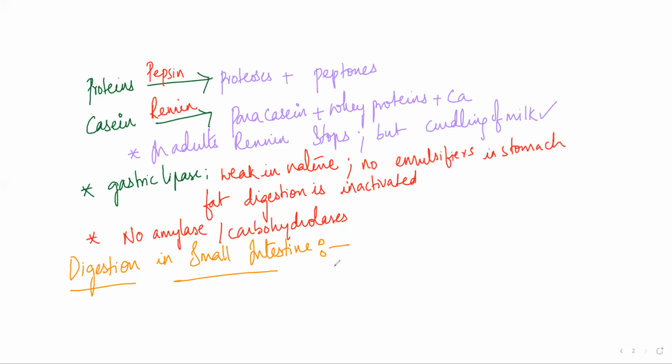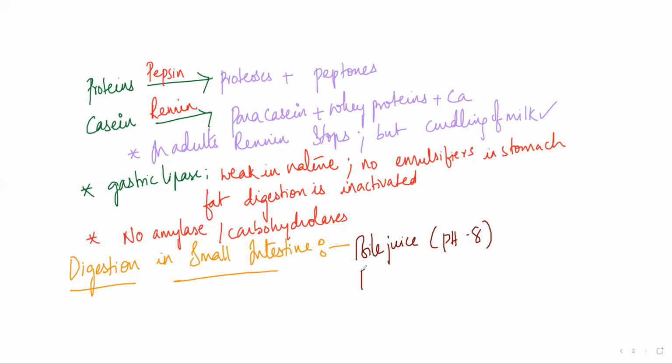Now, coming on to the digestion in the small intestine, you can see that there are three different types of juices where the food is being mixed, children. The first thing you can see here is the bile juice, whose pH is 8.